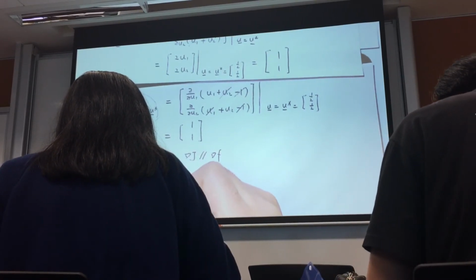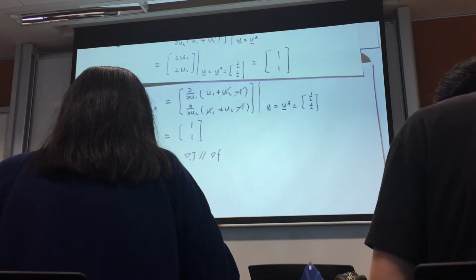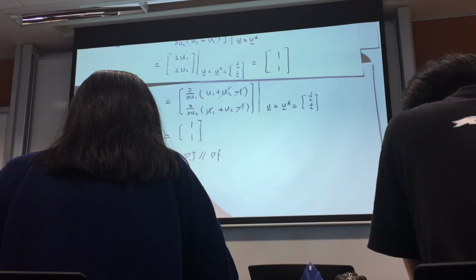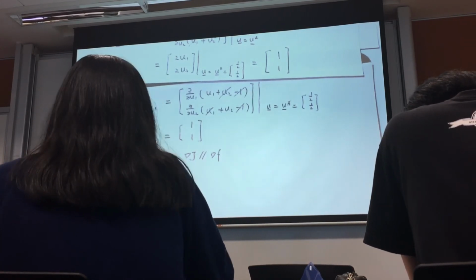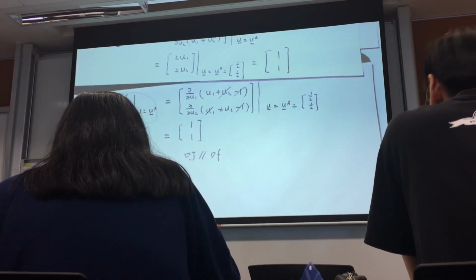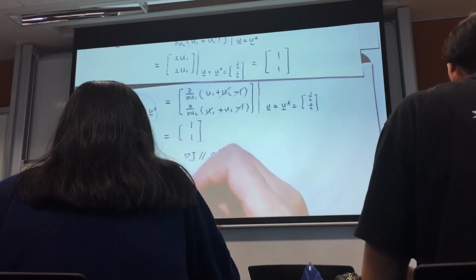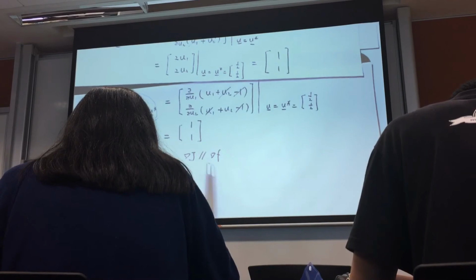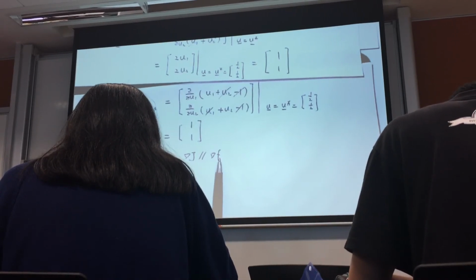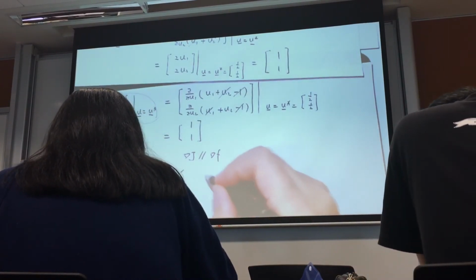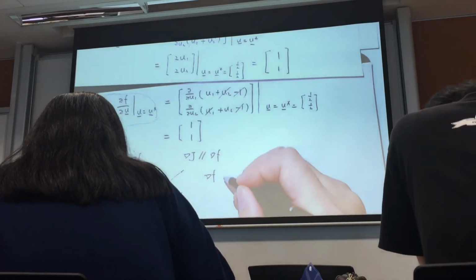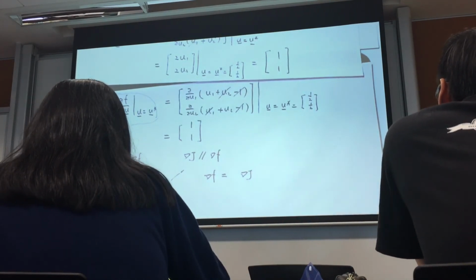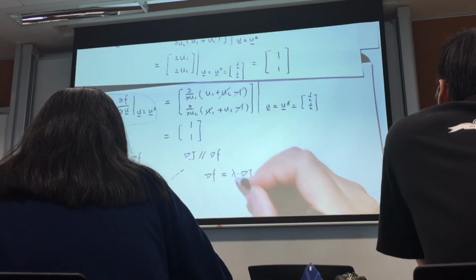This is delta G. Delta G is parallel to delta F. It means that delta F can be represented by delta G multiplied by a constant.